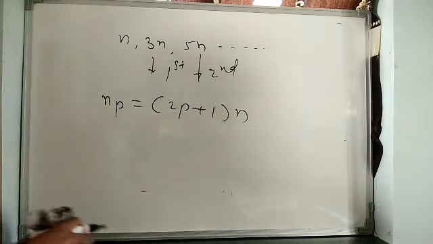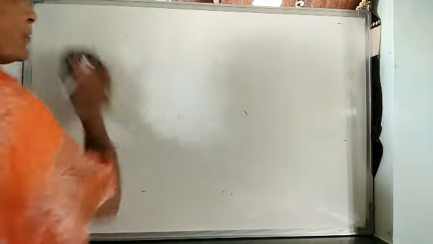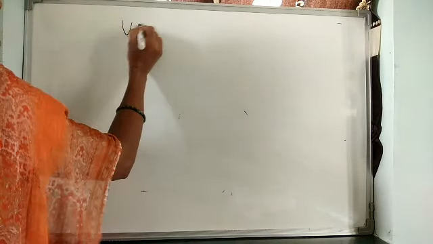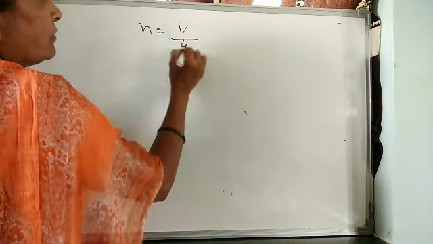Then we have to find out the end correction in this case. In order to find the end correction, you know that the fundamental frequency for vibrations of an air column, N, is equal to v upon 4L.